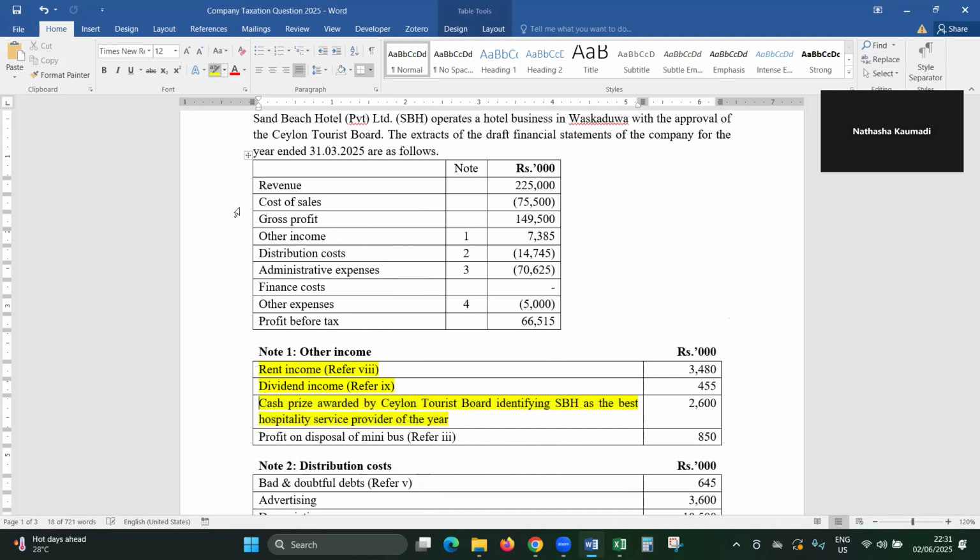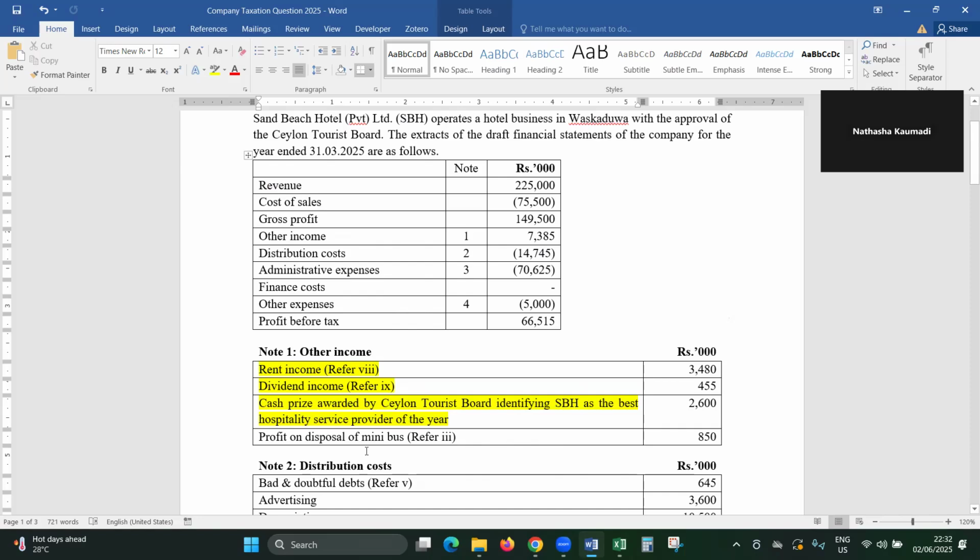And the next one, profit on disposal of minibus. All right. Accounting profit. What is this profit? Accounting profit, because this is about the P&L draft. Coming under other income, they have an accounting profit of 850,000 for the minibus disposal.